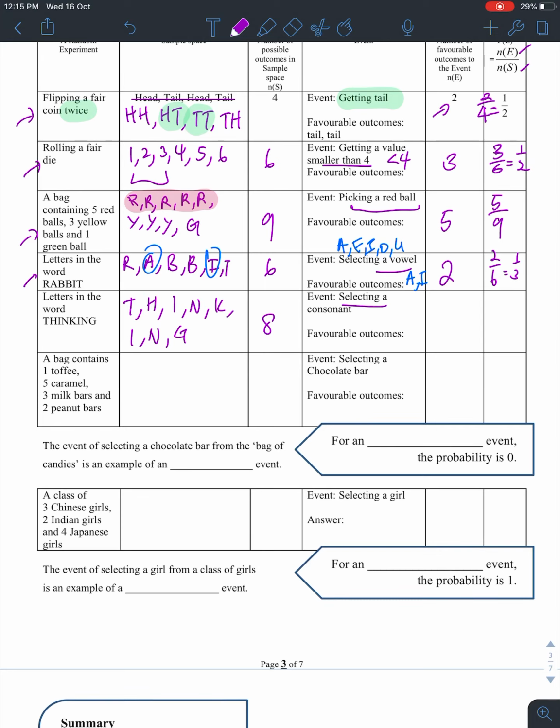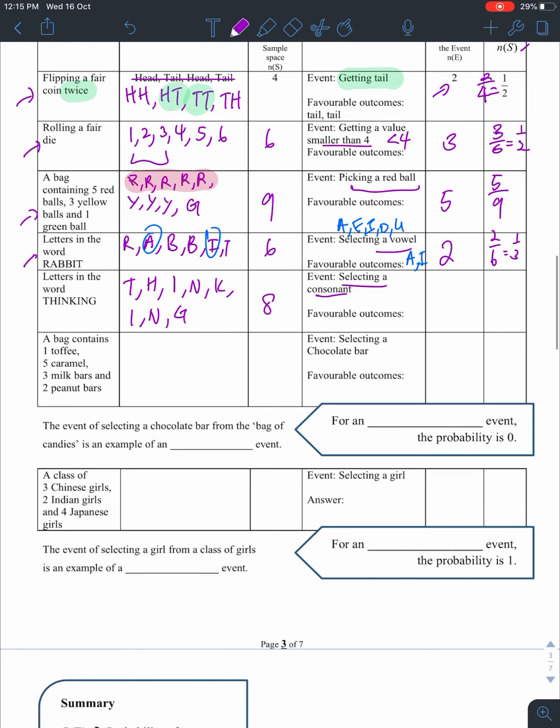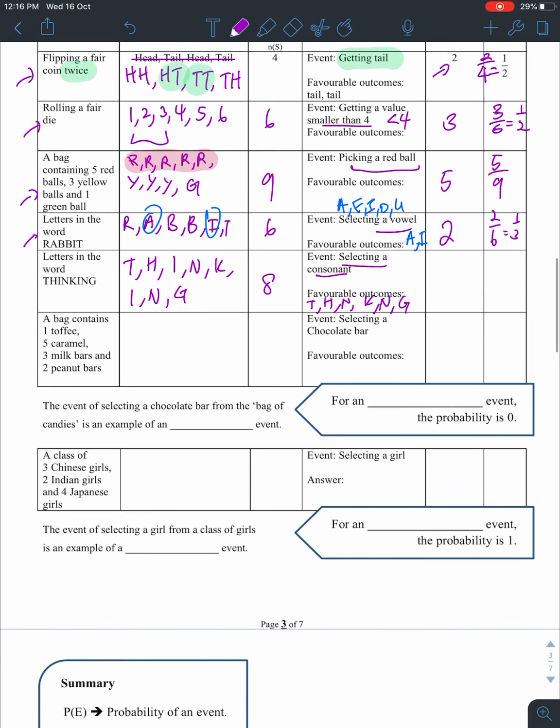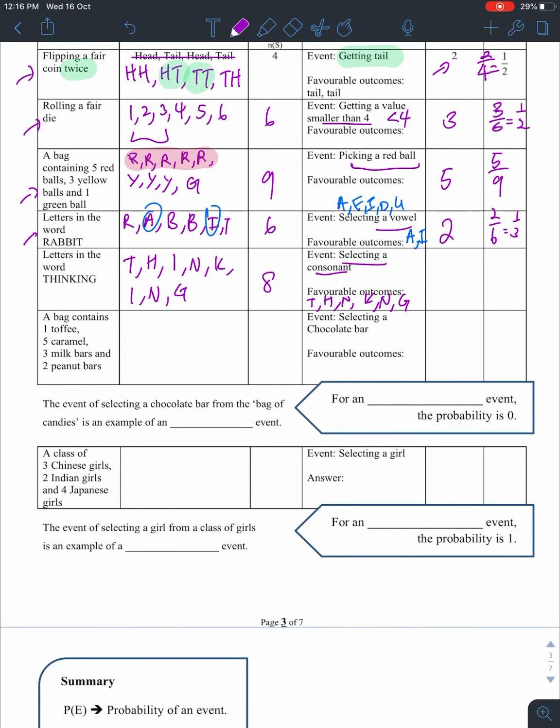And the event is that we would like to select a consonant, right? A consonant is everything except vowels. So it's all the letters except vowels. So in this case, we are looking at T, H, N, K, N, G, right? So how many of such events are there? 6. So 6 over 8 would give us 3 over 4.